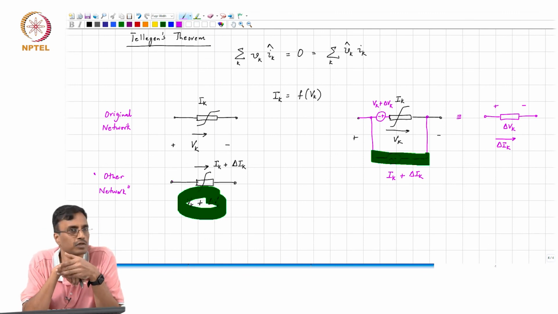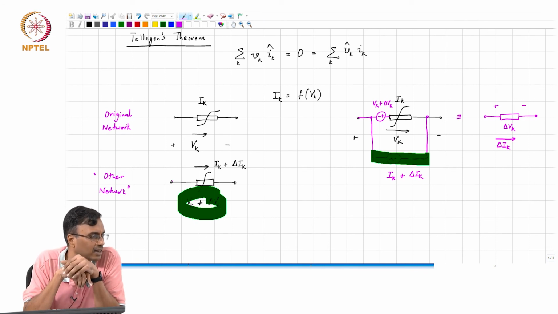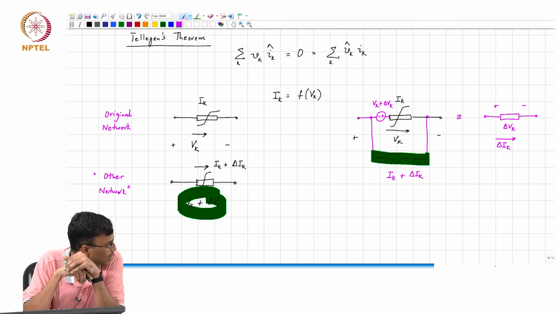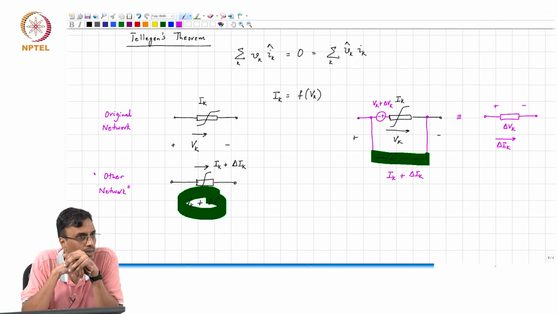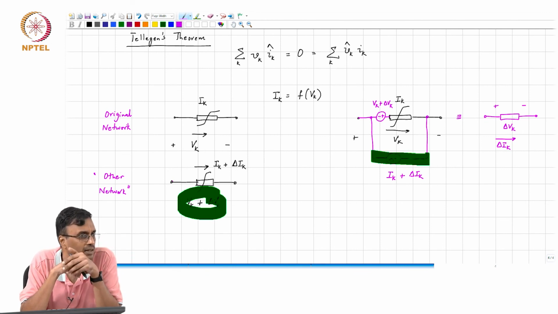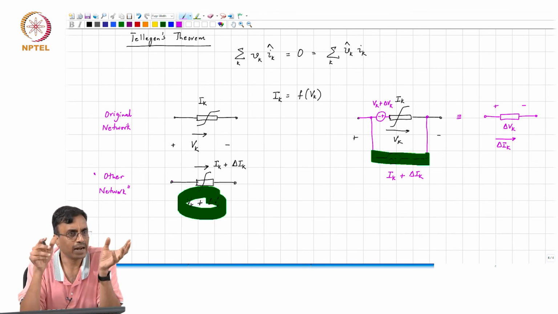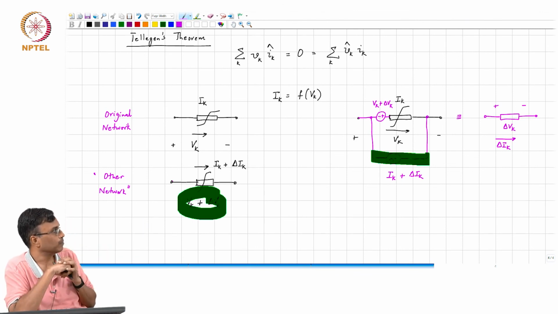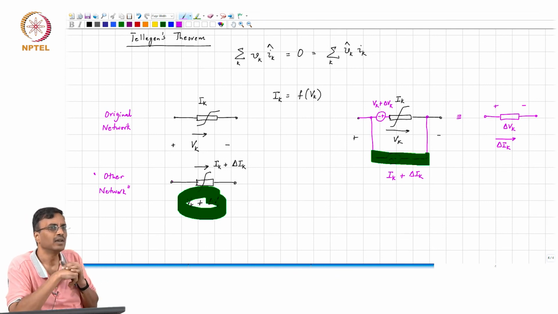Right. So what is the moral of the story? This is telling us that if you have a nonlinear network and you change something, all the branch voltages and all the branch currents will change. And the change in the branch voltage and the change in the branch current, if you form a network where you have network elements whose branch voltages and branch currents are delta Vk and delta Ik, then it will also follow KCL and KVL, correct?